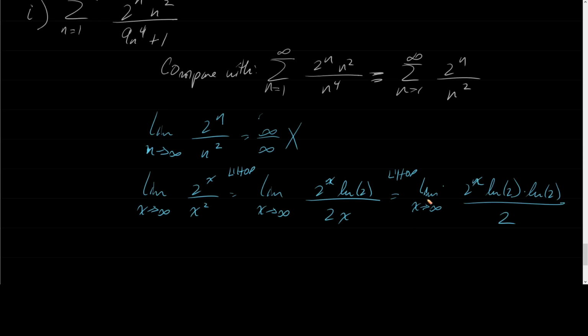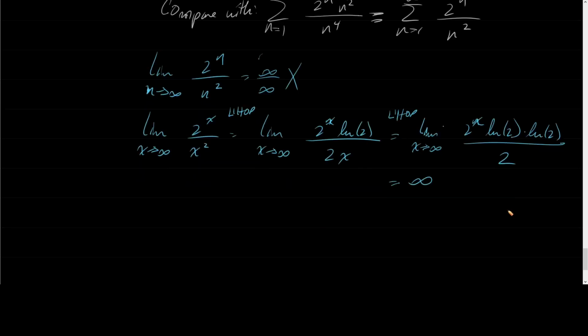And as x goes to infinity, we end up with infinity, right? On the bottom, it's just 2, so we have infinity over 2. Infinity times ln of 2 times ln of 2 is still just infinity, and then over 2 is still just infinity.